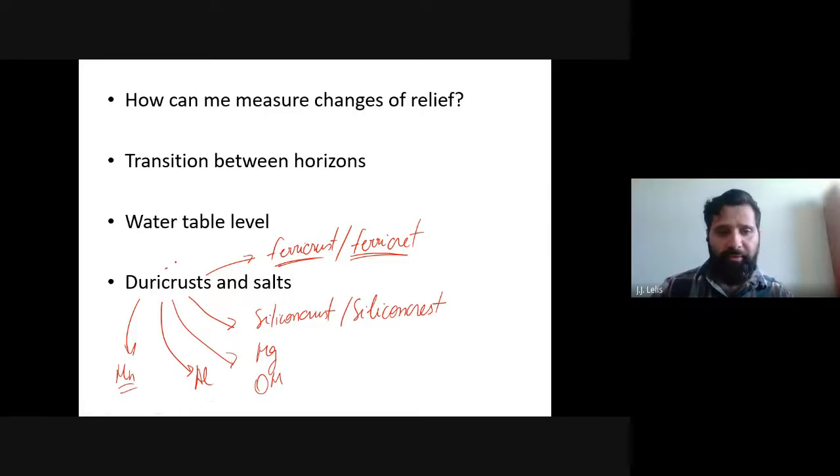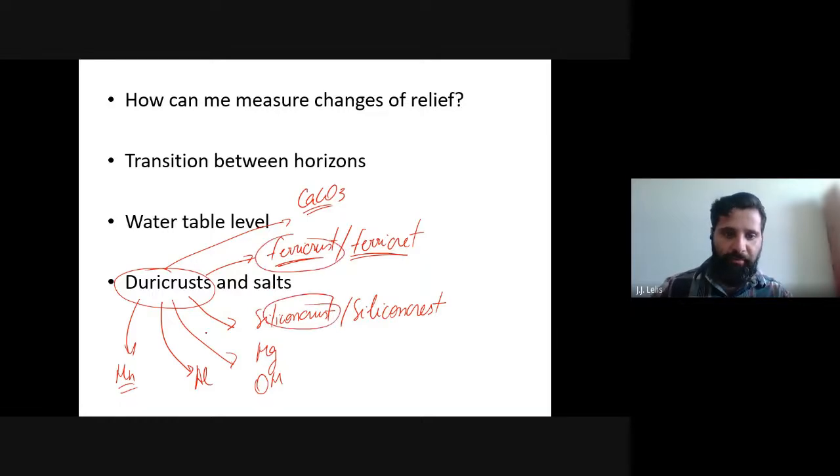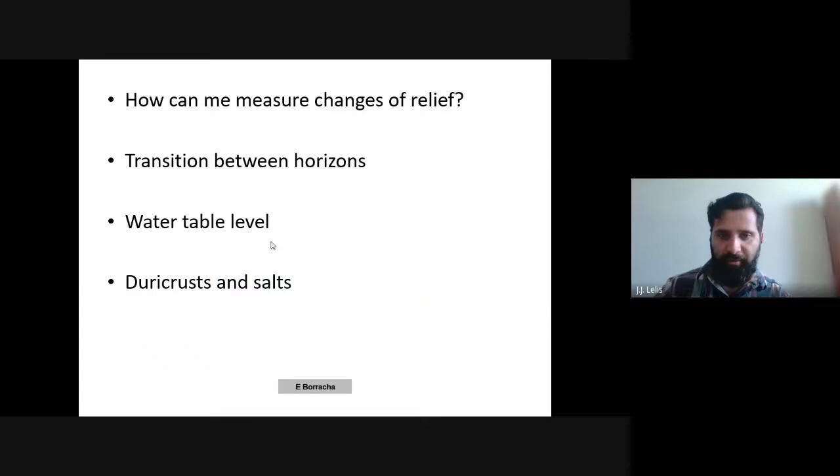And of course, calcium carbonate and other carbonate duricrusts. So we have several crusts that are very hard to break, okay? And depending on the nature of this duricrust, they could be formed in surface or in the subsurface horizons, okay? Silicon, iron, aluminum, and manganese, in organic matter, they generally are formed in subsurface horizons.